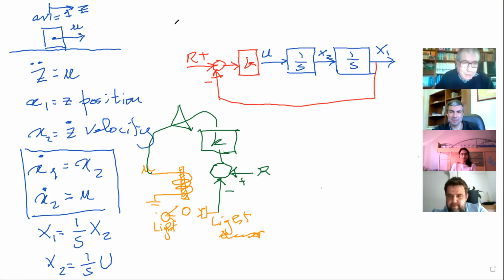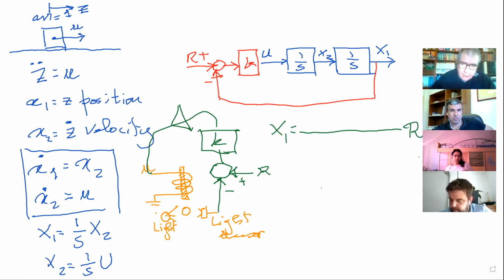Now, about fame and glory. What can you do with your stuff to see if this device will work? Write x1 as a function of r. That's very good. So x1 is equal to r, and if I had not told all these silly stories, you would not have answered.